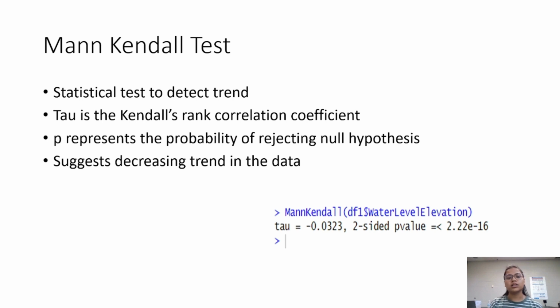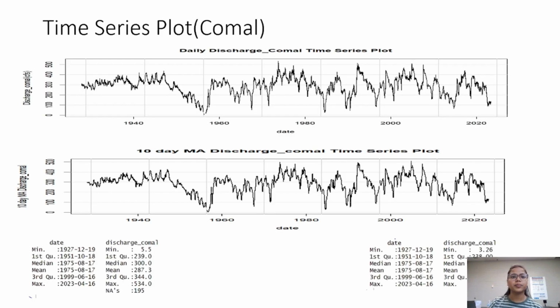A positive tau gives an increasing trend, while a negative tau gives a decreasing trend. Since our data has a negative tau, it has a decreasing trend, and we also have an extremely small p, which means the null hypothesis of no trend can be rejected. The Mann-Kendall test suggests that we have a decreasing trend in our data.